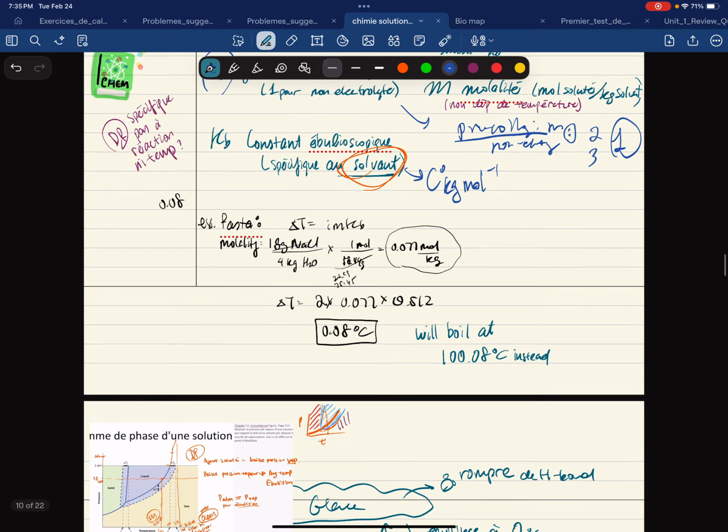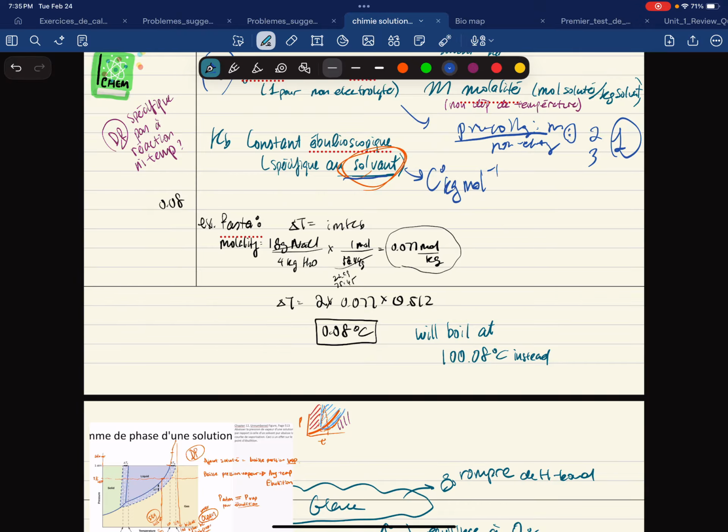And K is a constant specific to the solvent. I'm not sure if it's specific to temperature. No, I don't think it is.